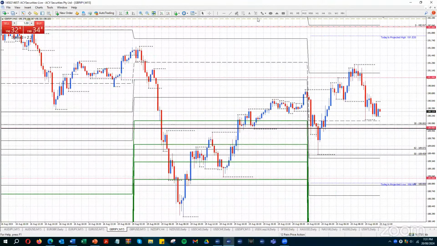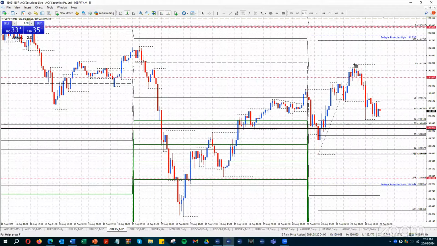On the 15 minute, it looks like the euro yen. This is the same range that I drew on the euro yen. I might want to come into the 79 area. I would much prefer this to come back down to 189.85, the 79% level. It is holding at the central pivot point at the moment.